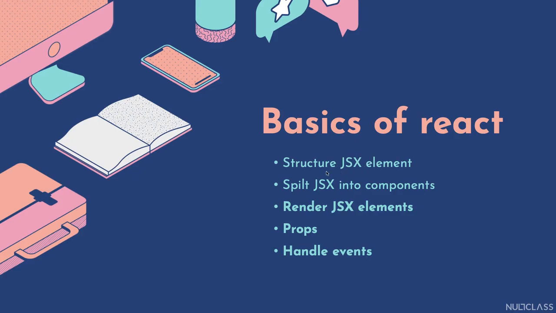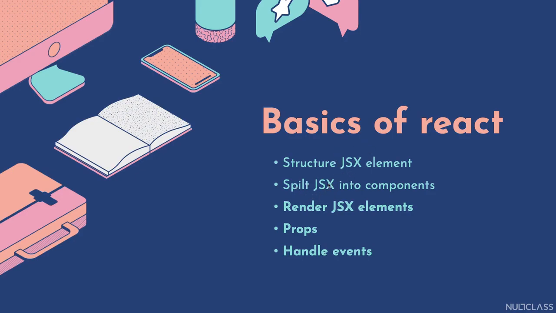Those JSX tags may be similar to XML tags. If you are familiar with XML, you will know we can write custom tags in XML. We can name it crazy. That's what we can also do in JSX.